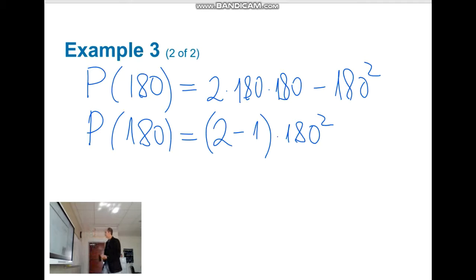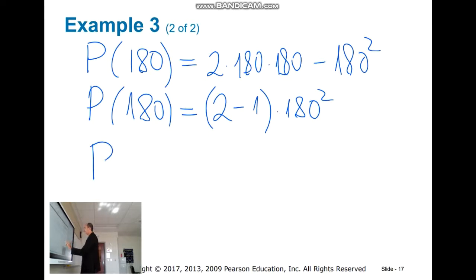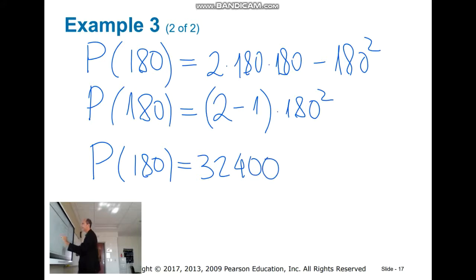And the result is, I have it calculated here, 180 squared is 32,400 cents, because the problem says this is given in cents.